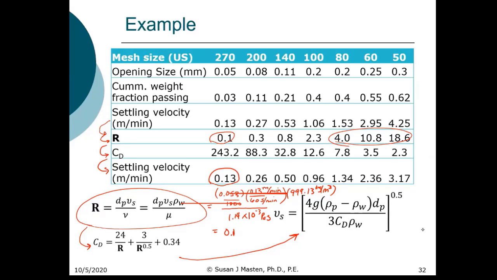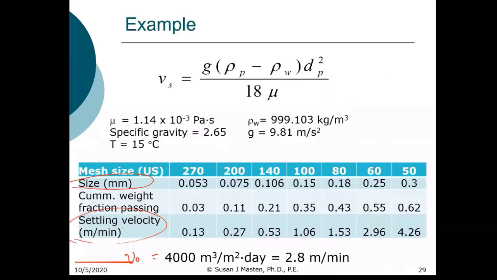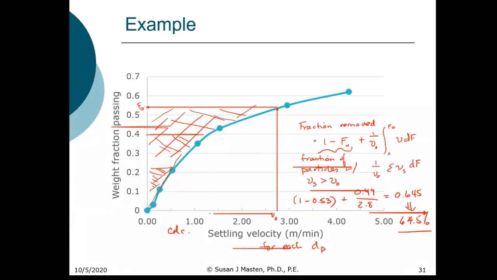So I have an Excel spreadsheet. I've estimated the settling velocity using Stokes' law, so I've used this version of Stokes' law first to estimate the settling velocity.